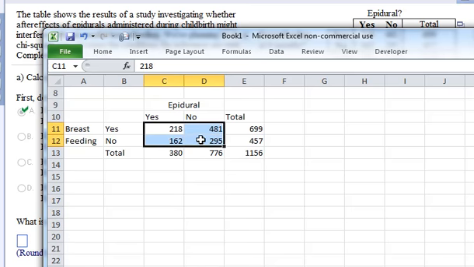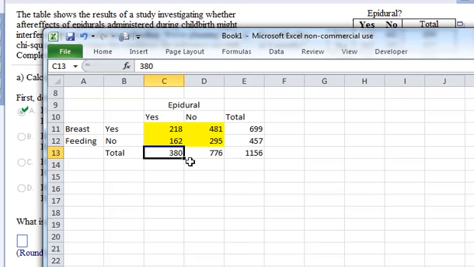Okay, now to get your expected cells, you're going to want to take these right here, and you're going to compute the expected numbers. So what you do is you do the row total divided by the column total, so that'll give you the percent of yes to breastfeeding, and then you multiply that by the number that said yes to an epidural.